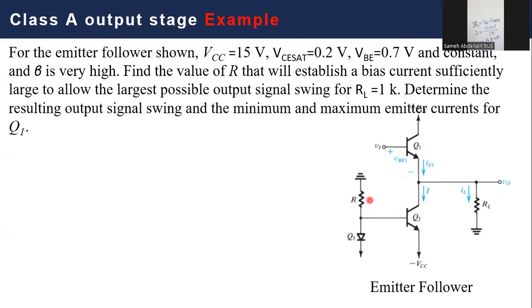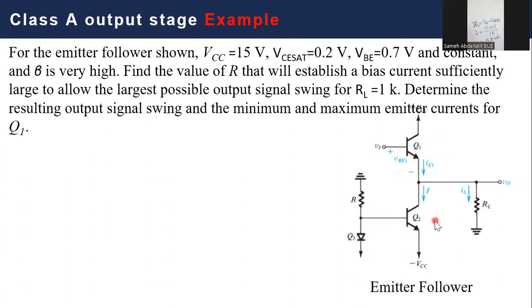If you recognize well, my dear students, you will find that in this schematic, we have counted this diode, which should be a forward diode, because this point is negative 14.3, and this is negative 15, so the diode is forward biased. We have counted this diode as if it's a transistor.